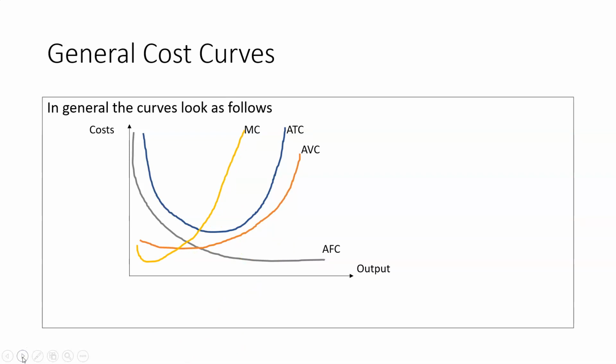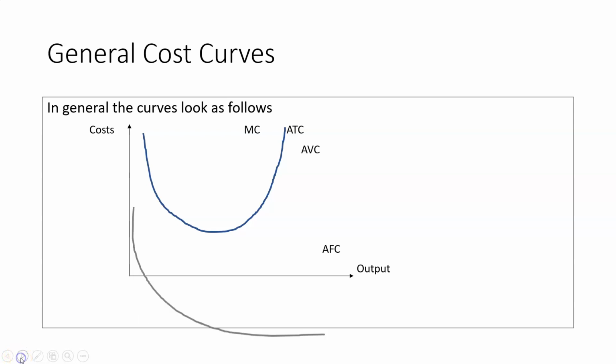Now, let's take a step back a moment. Let's get rid of these curves and leave the average total cost curve. It usually takes a U shape, and it drops and then it increases because it is reacting to what's happening to average fixed cost and average variable cost. So let's put those in.